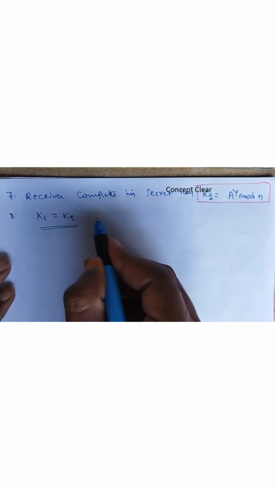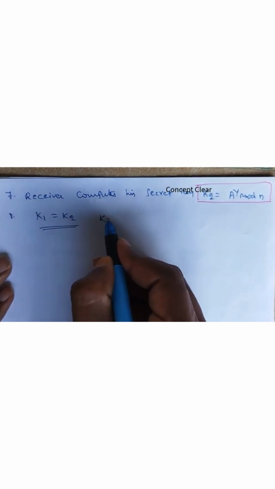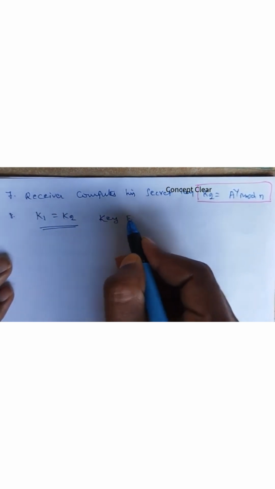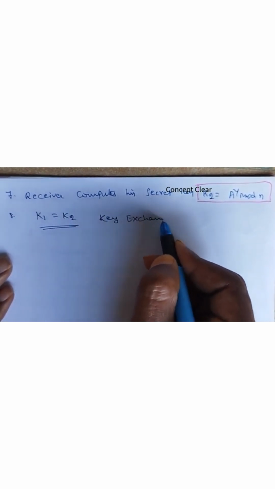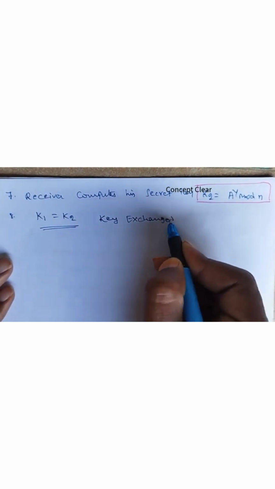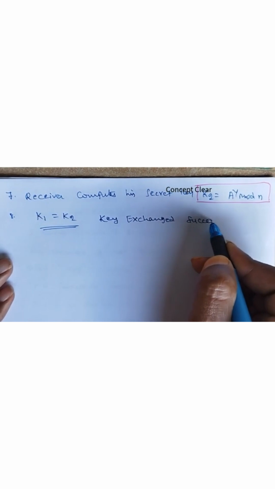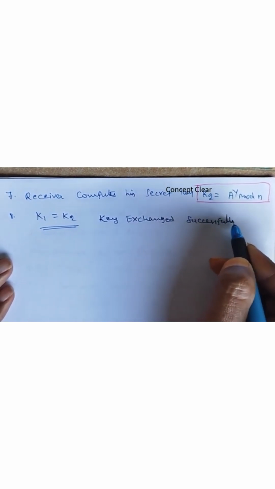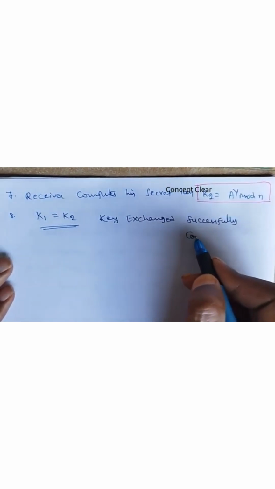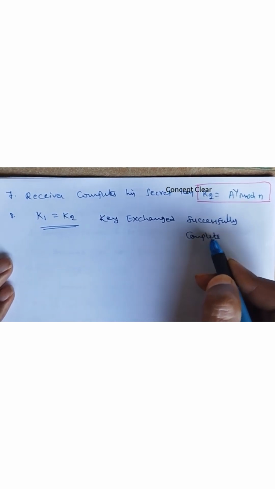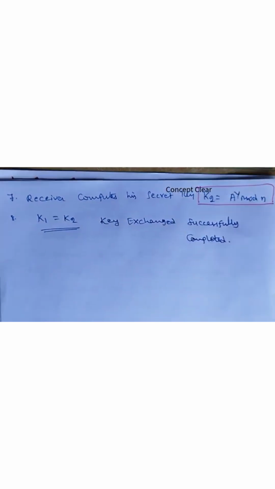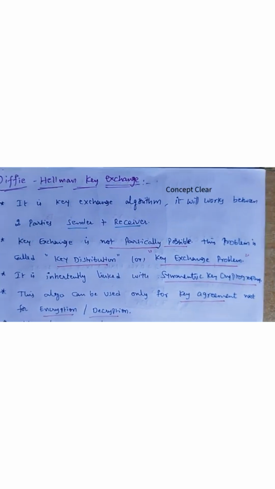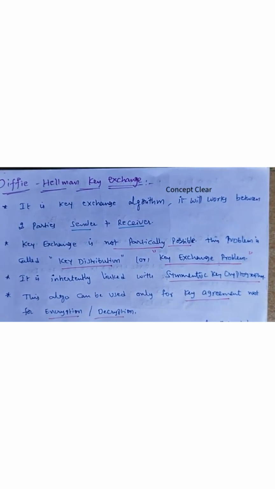If k1 equals k2, then we can say key exchange is successfully completed. Okay, this is about the Diffie-Hellman key exchange algorithm. Here we won't provide any encryption and decryption. Here we have to exchange the secret keys from sender to receiver.